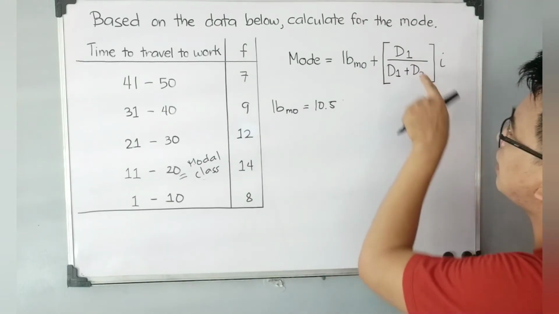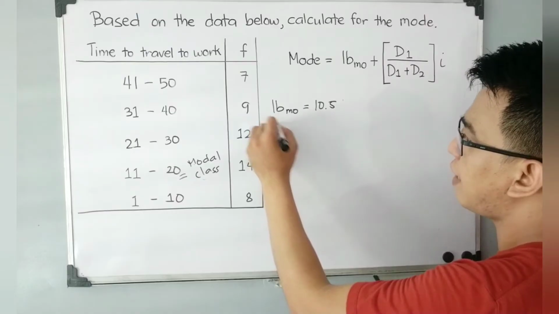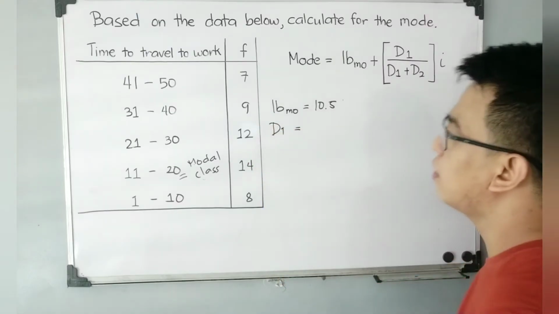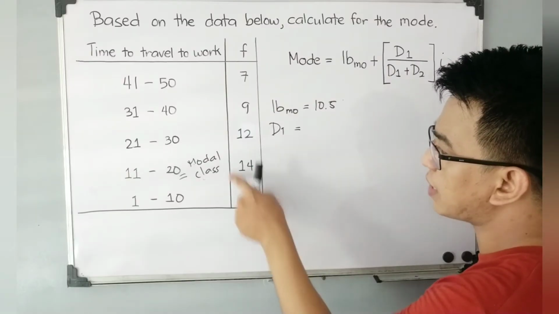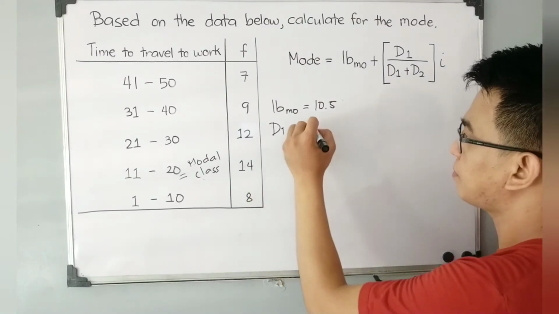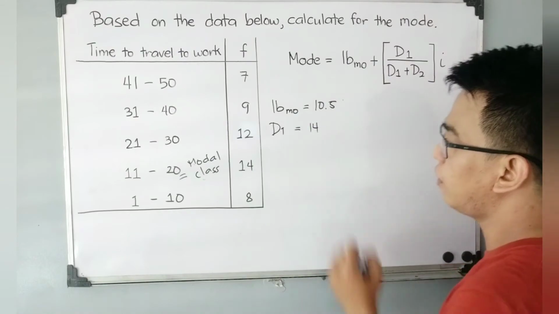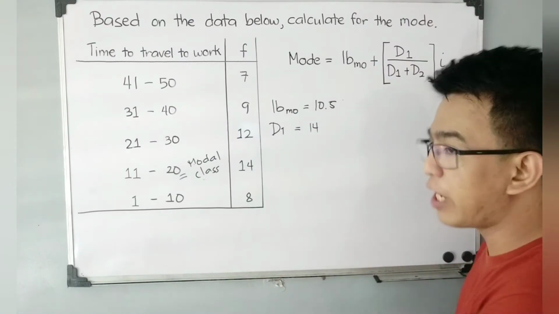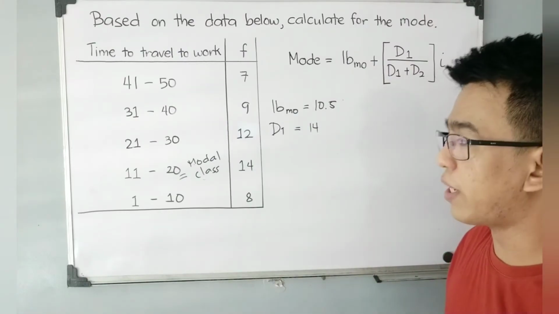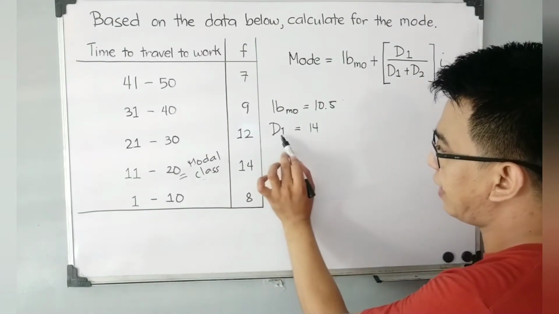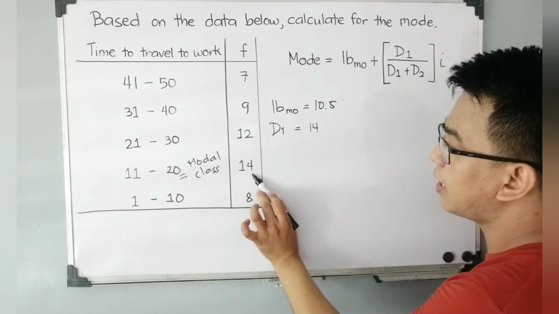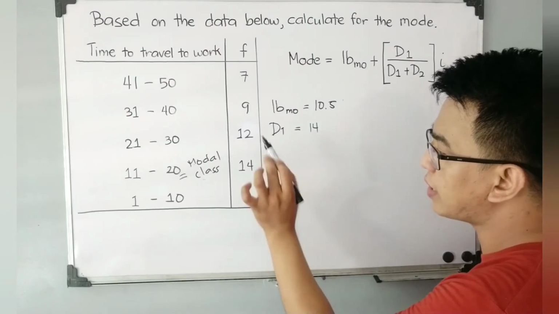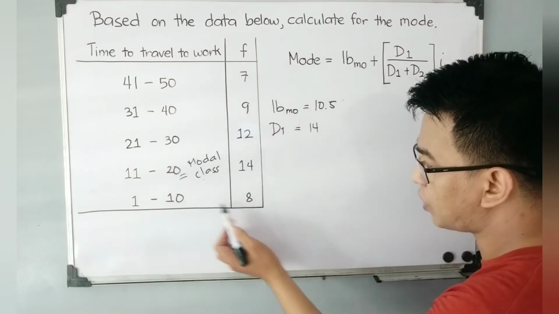So let's move on with D sub 1 and D sub 2. To find the value of D sub 1, all you need to do is to subtract the frequency of your modal class, which is 14, by the frequency of the next lower class. Again, to find D1, get the frequency of your modal class, and then subtract the frequency of the next lower class, which is 8.